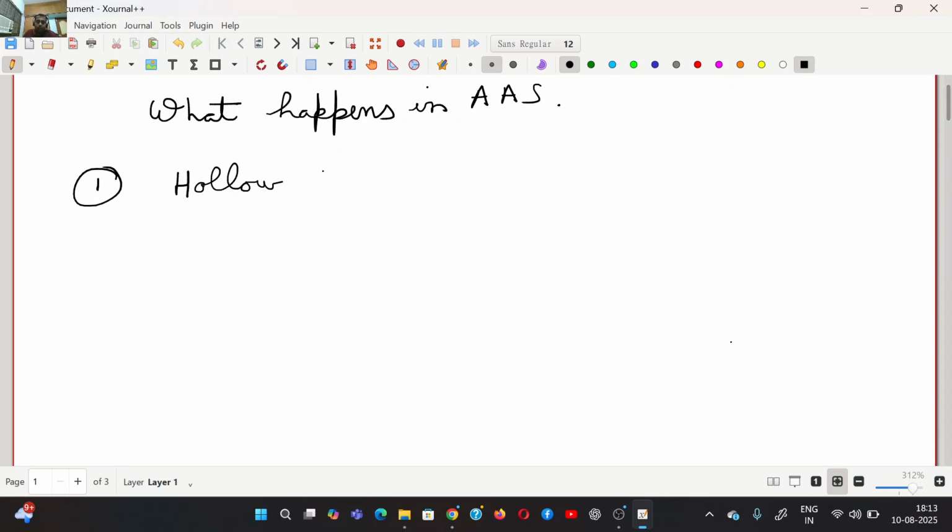The first important component is what is known as a hollow cathode lamp. Like this, I will tell what all the important components are: number one, number two, number three. We will go step by step from start to finish, and I'll write a short note for each of them.